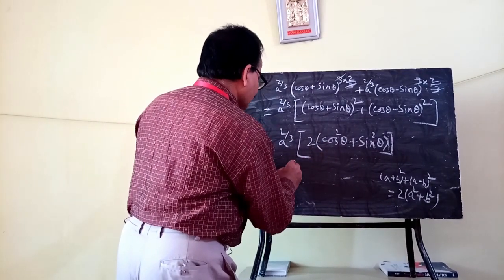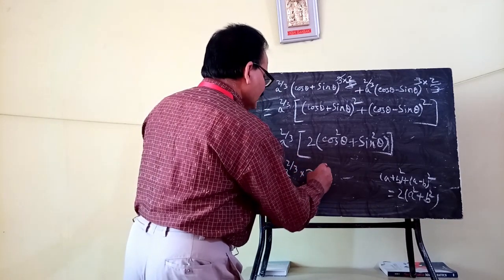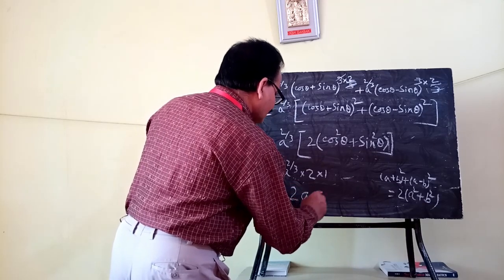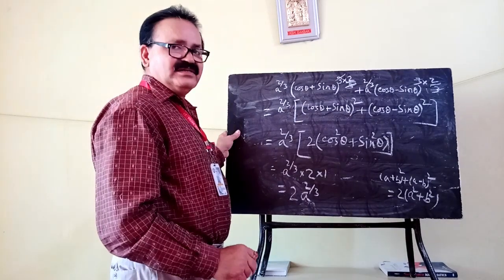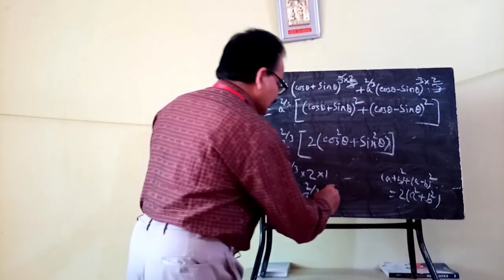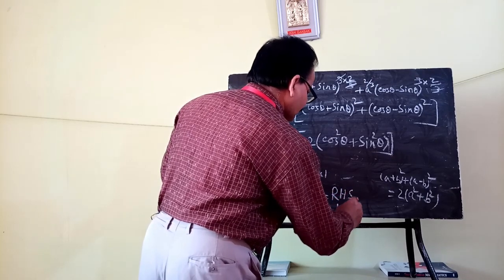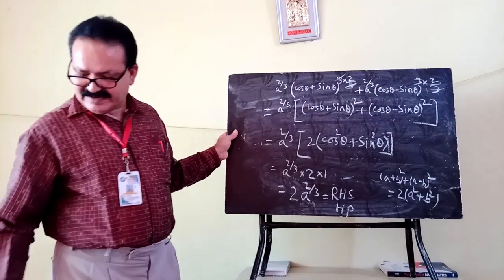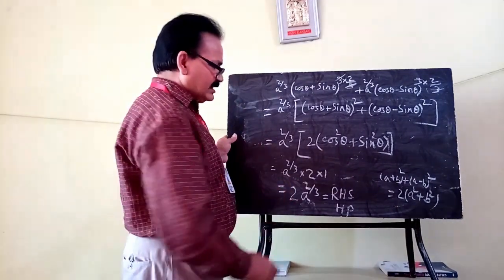So this is a to the power 2 by 3 into 2 into 1. So that means this is 2 a to the power 2 by 3. This will be your answer of RHS, because you have started from LHS, hence proved. So here also you have seen the condition was given and then you have solved to find the RHS.